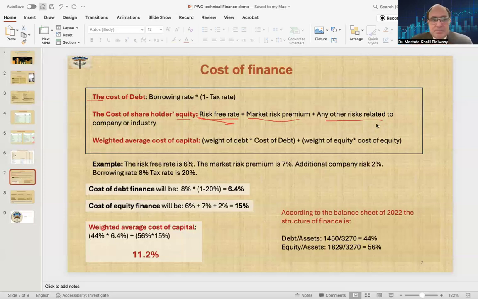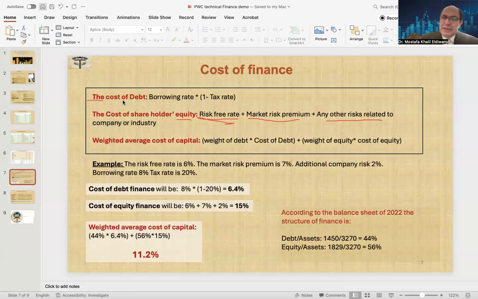All right? Then they decide on something called the capital structure or the financing structure, how much of the investments they want to get from debt and how much they want to get from equity. As a rule, when you are expecting the coming market conditions stable with not a lot of high inflation, you might go to increase the percentage of debt finance to more than 50 to 55%.